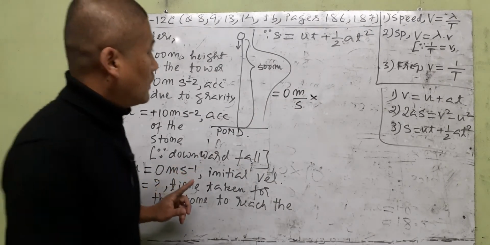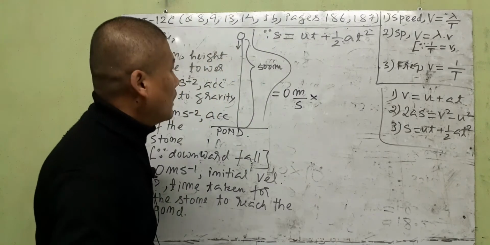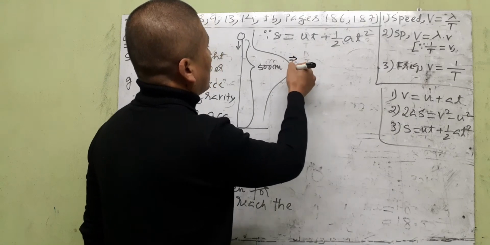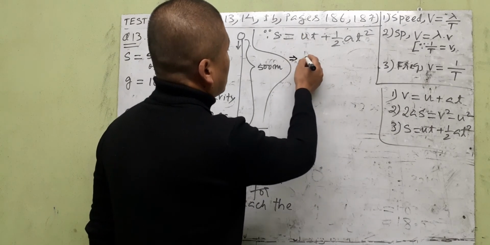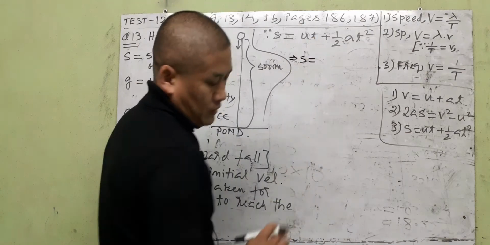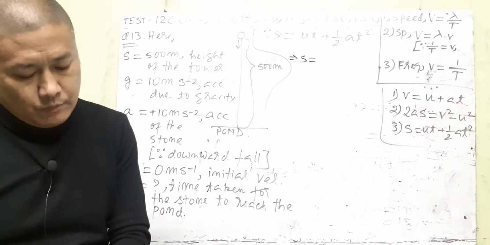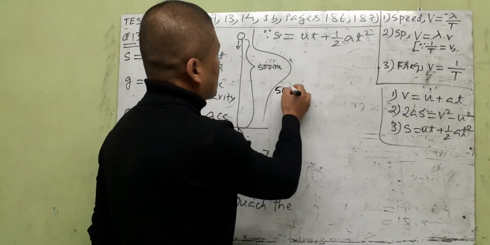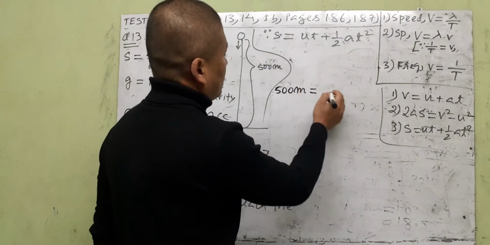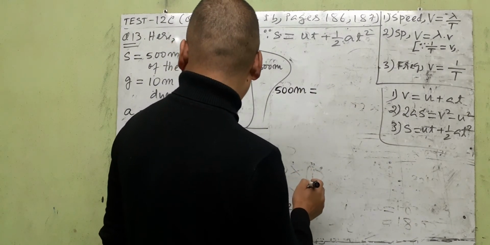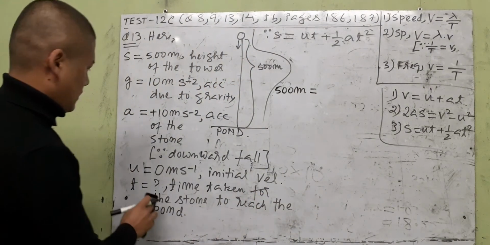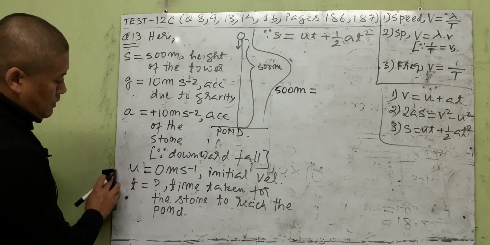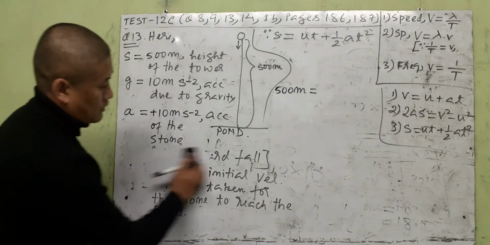Let us change this into the format where we can directly find t. Or we can just put in the values and solve it. 500 meter. We need some space, so let us use the space here. We'll remember this too.